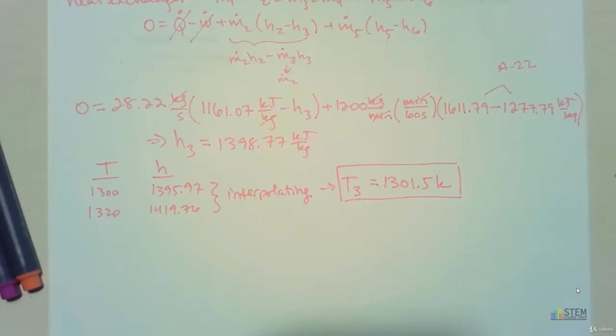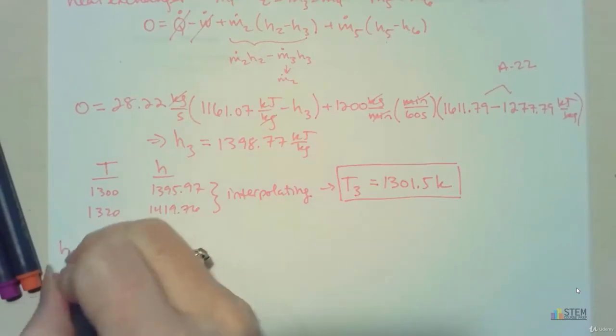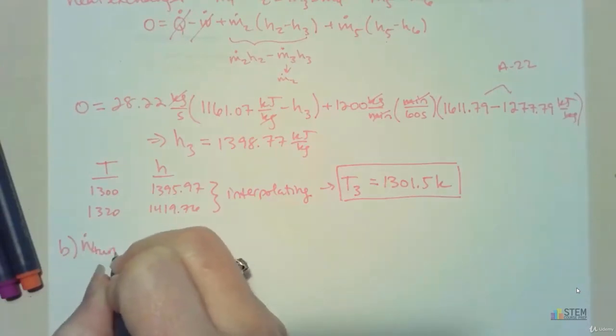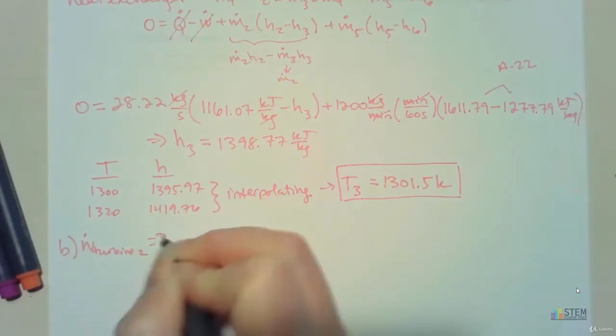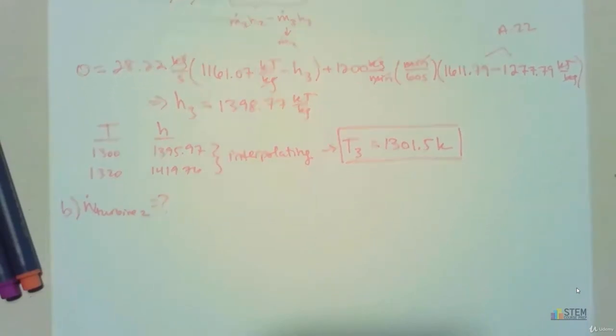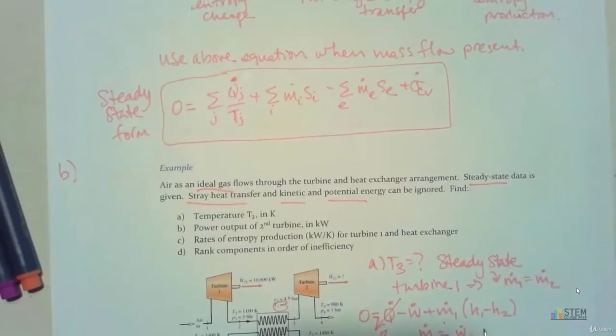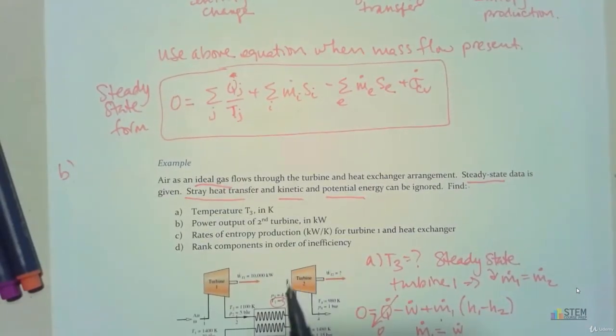Now we have to find the power output of the second turbine. So that'll be part B. So this is finding W dot for turbine 2. Now we need a W dot in an equation. So again, let's think of a control volume we could use to find that. And obviously a good choice would be to make the control volume this turbine right here, because it's got air coming in and it's going out.